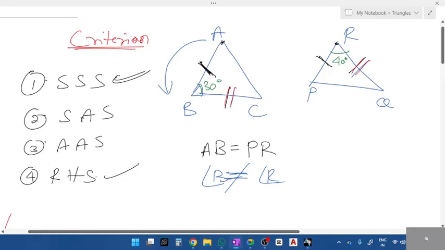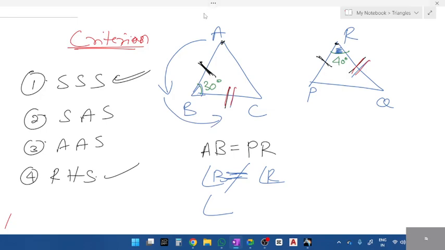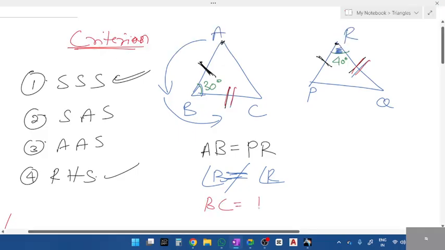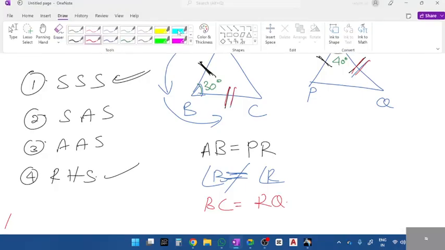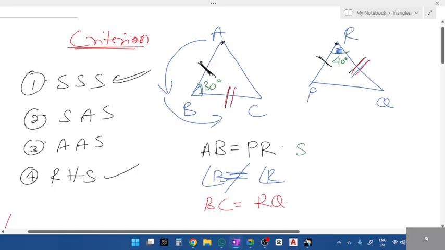In between two lines, angle R is given. They're not equal. And what's the other side given, students? Go anti-clockwise. Side BC is equal to RQ or QR. Both are the same. Fine.